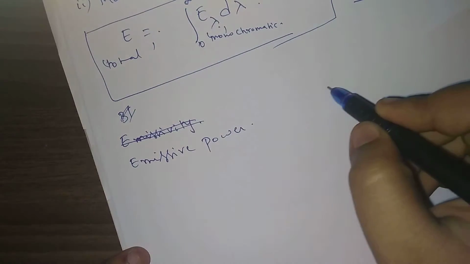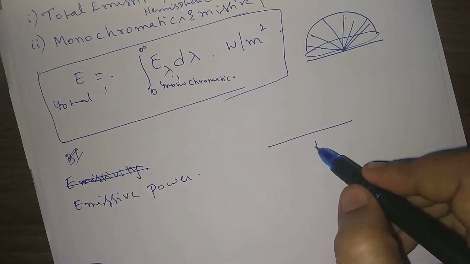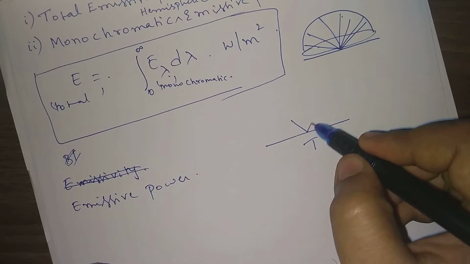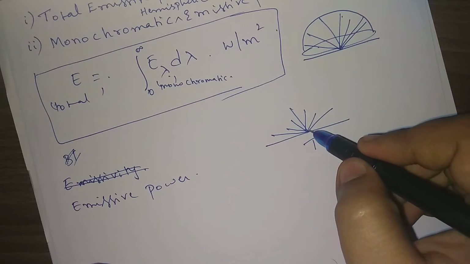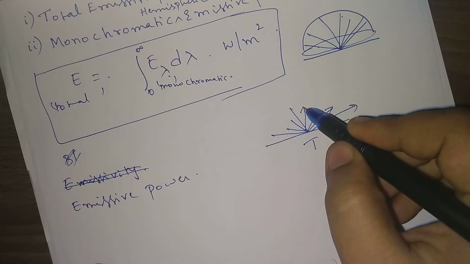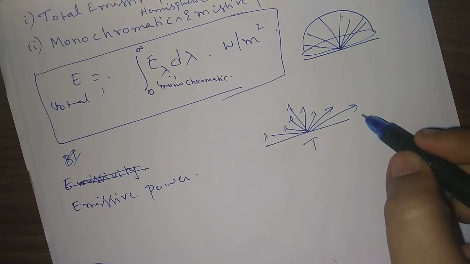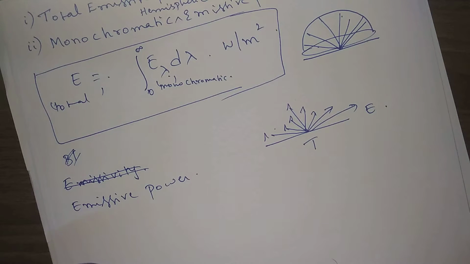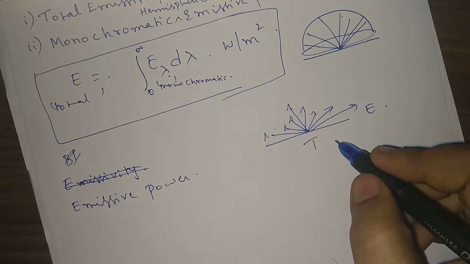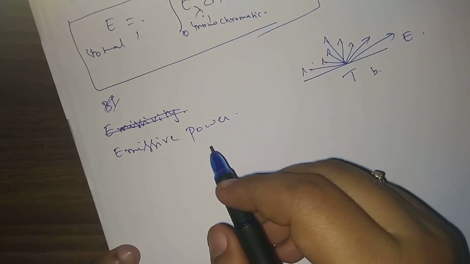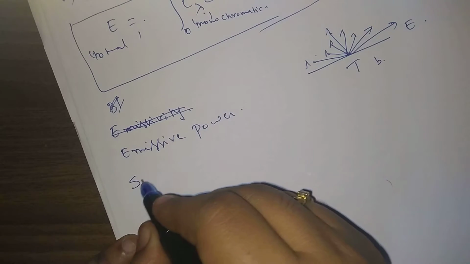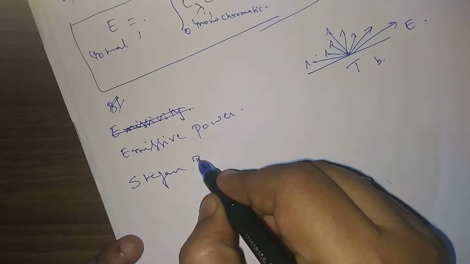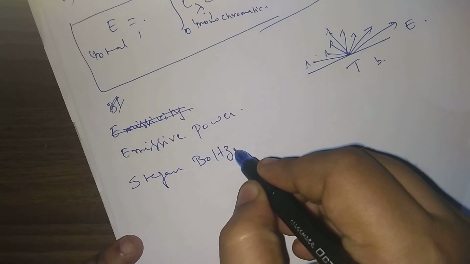Suppose a body is maintained at temperature T, emitting radiation in all directions. How do we find out the energy dissipated through radiation? Suppose this is a black body. It is given by the Stefan-Boltzmann law.